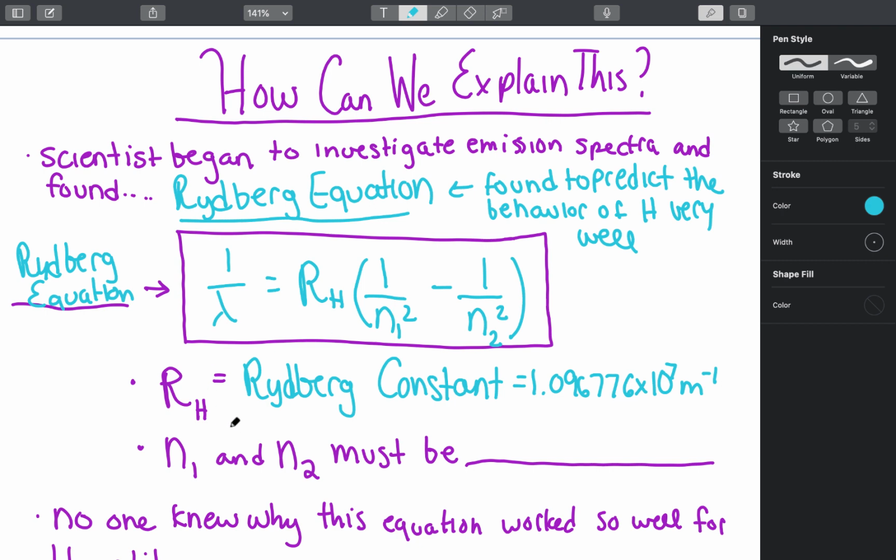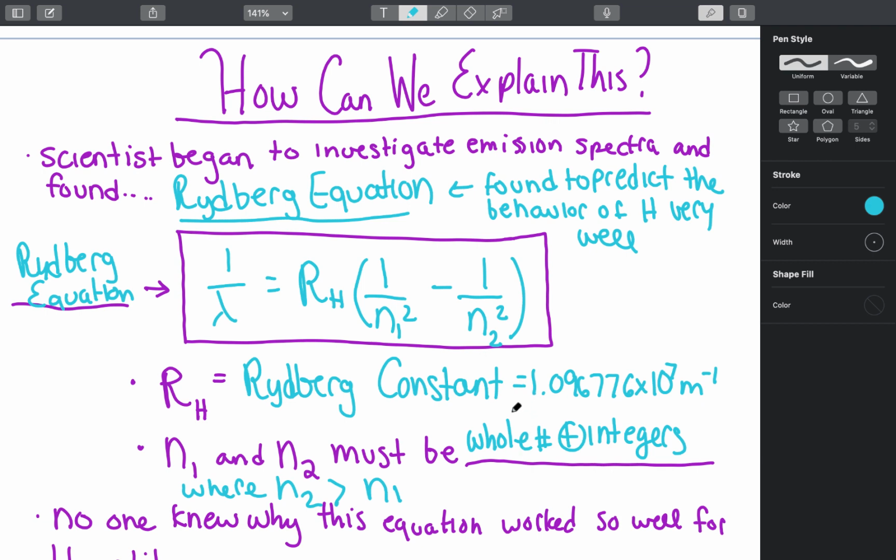And n1 and n2 must be whole number positive integers, okay? Where n2 is greater than n1.